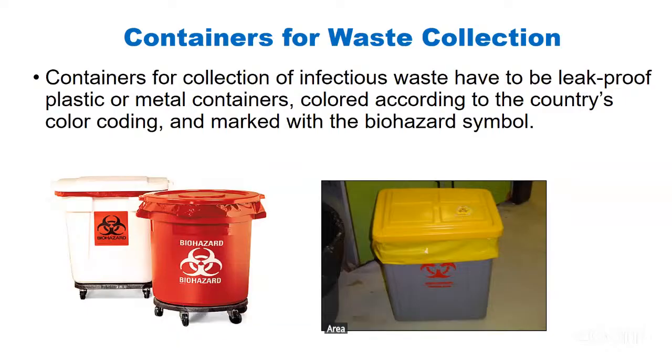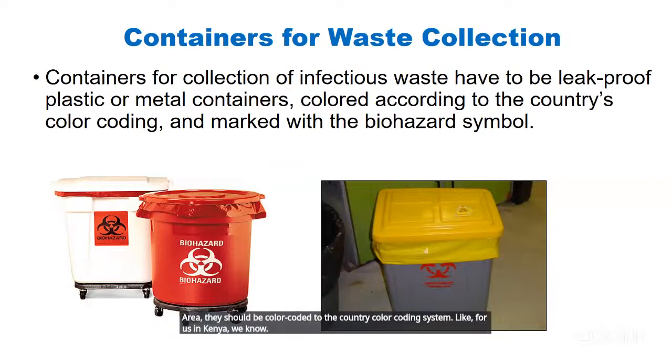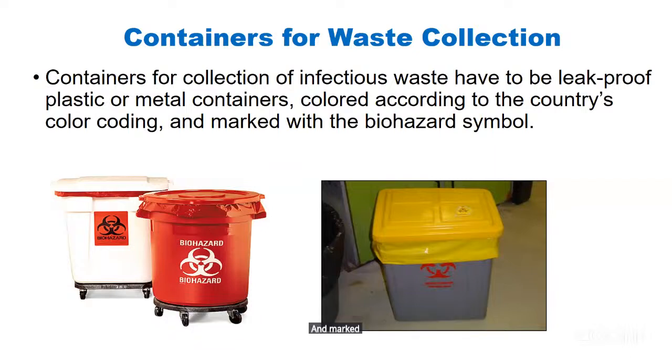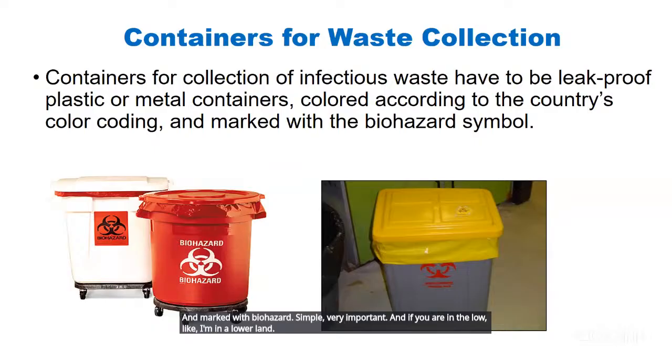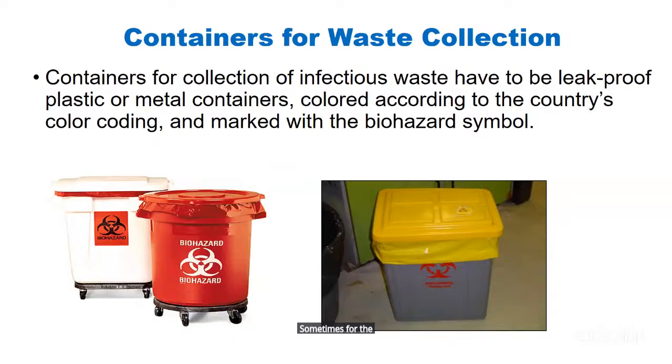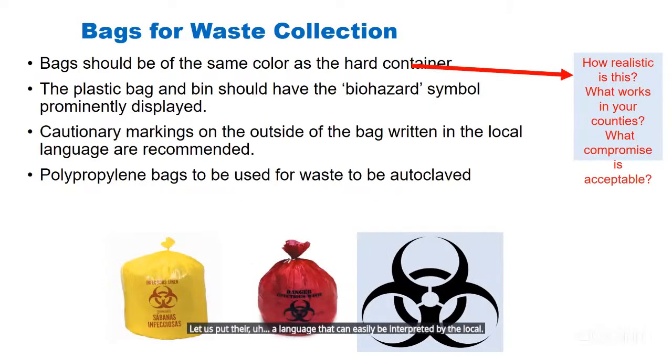They should be color-coded to the country color coding system, like for us in Kenya, and marked with the biohazard symbol. Very important. And if you are in Luo land, like I am, for the waste bins that we put along our corridors and even in our wards, let us put there a language that can easily be interpreted by the local community.